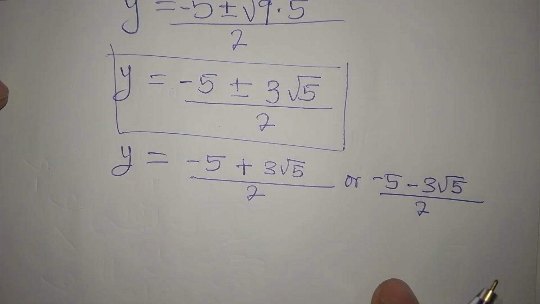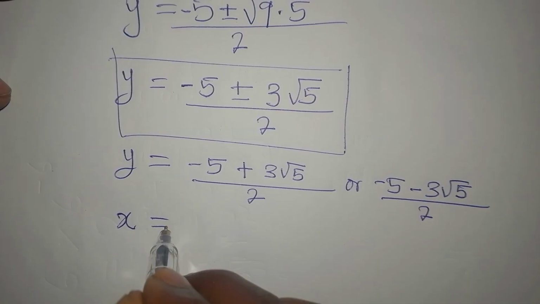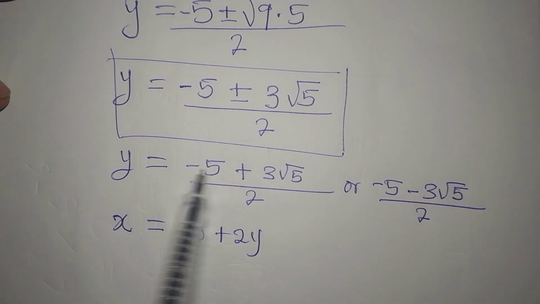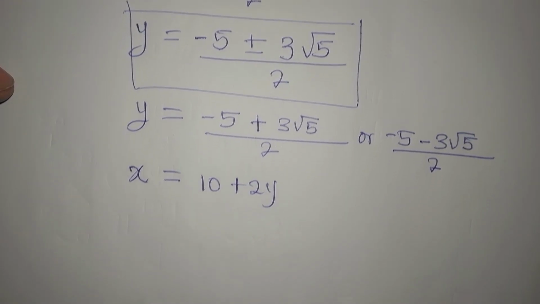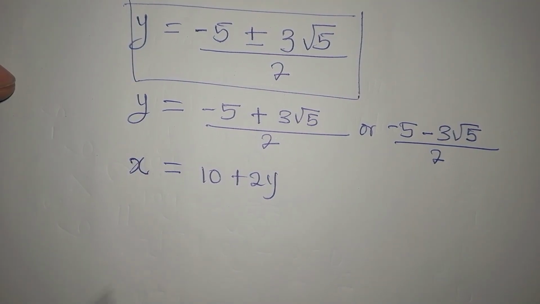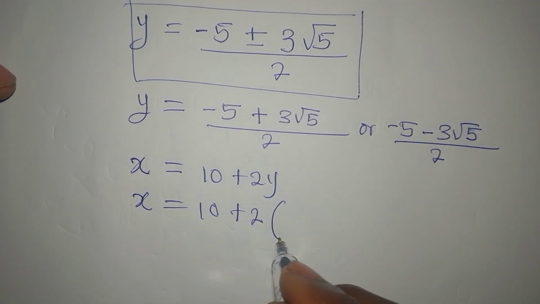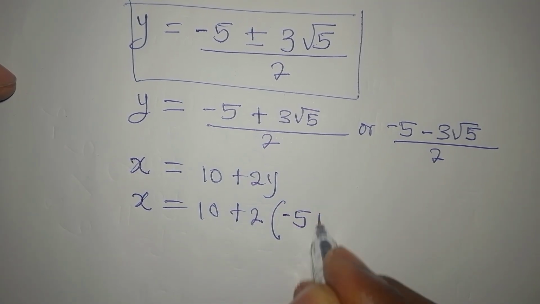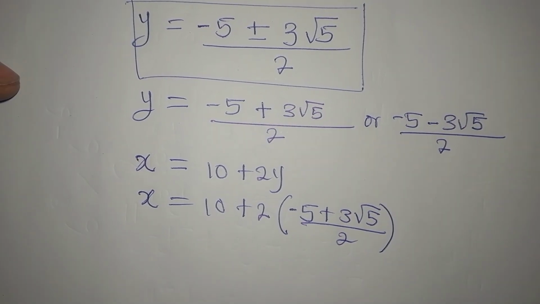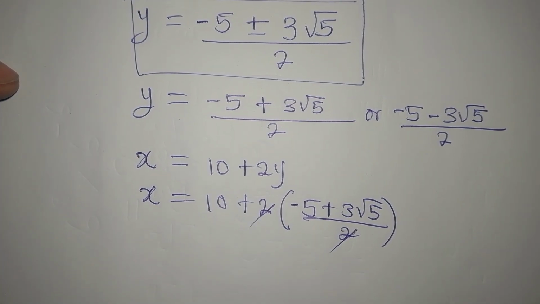So what should we do now? Remember that we had equation 3, which is x equals 10 plus 2y. So now that we have the value of y, we can equally have the value of x by putting these values of y into equation 3. So x will now be 10 plus 2 into minus 5 plus 3 root 5 over 2. I'm using the first value of y, so that these two will go there since we are multiplying.